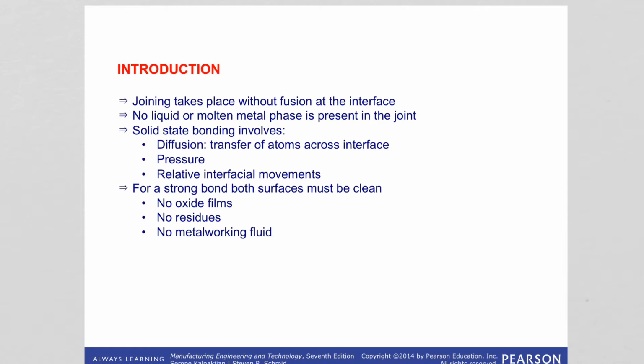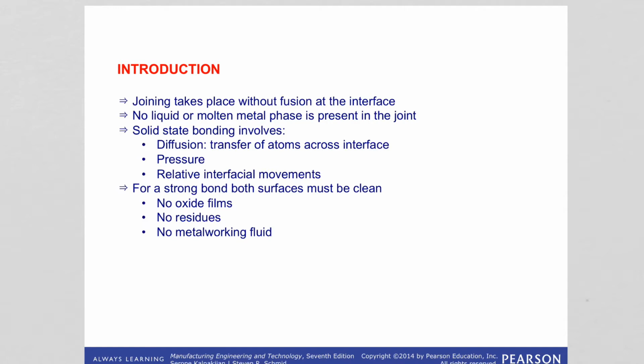So how does the solid state bonding form? There can be heat. Heat is provided to promote diffusion. Diffusion is basically the motion of atoms across the interface. So this is going to be diffusion bonding. Or friction. Heat may be generated by friction, or there can be an electrical resistance.